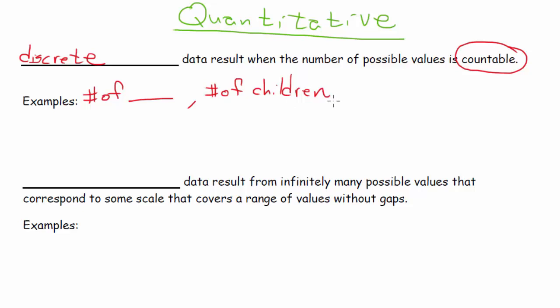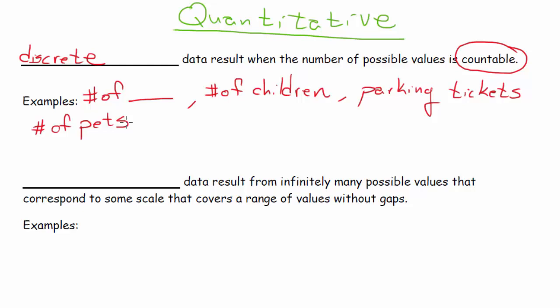Another example might be the number of parking tickets. Again, we can count this 0, 1, 2, 3, 4. Another example might be the number of pets I have. Again, there's a countable number of options. I think this will be more clear when we look at continuous data. We'll come back to discrete.